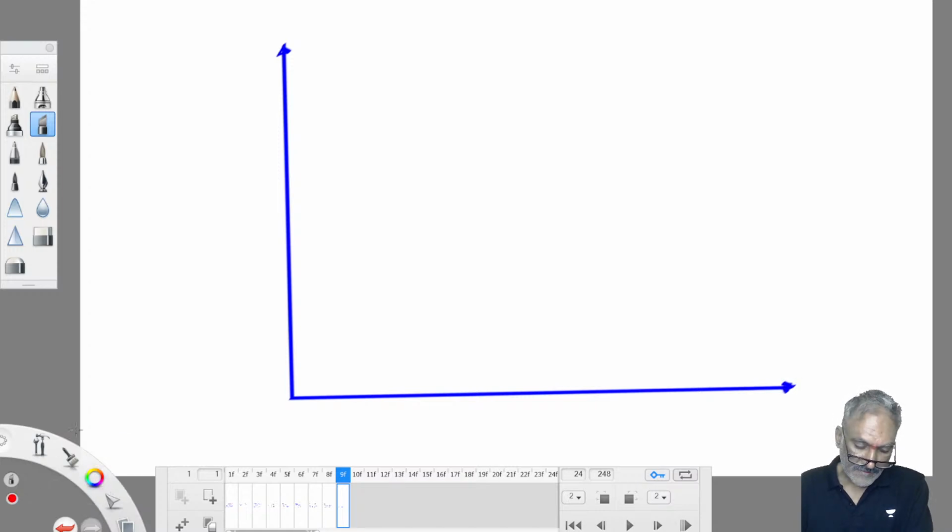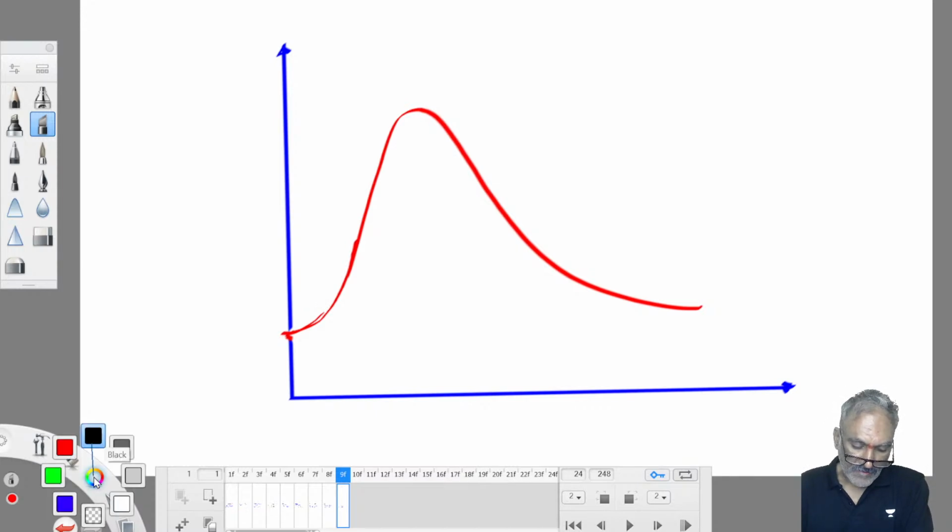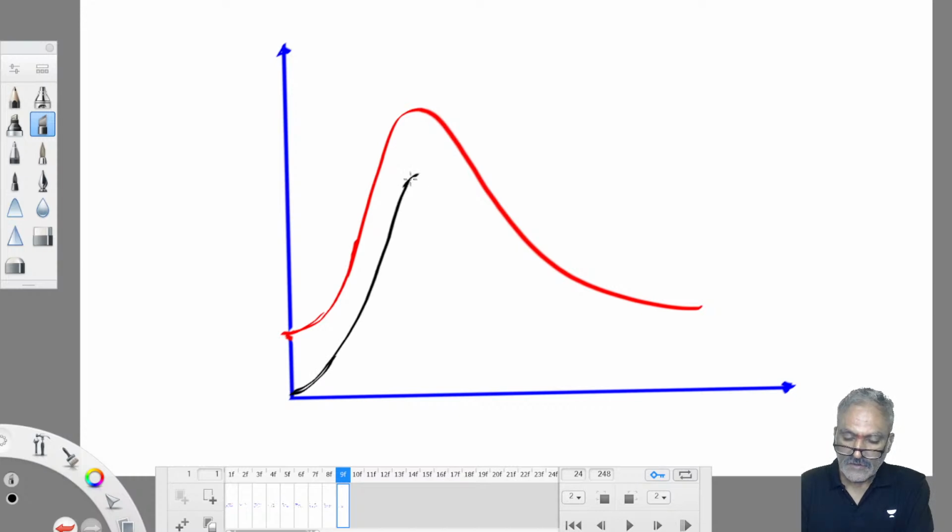Sometimes what he does, he will give you the storm hydrograph, with the base flow and all. From this, what do we derive? We derive one direct runoff hydrograph.